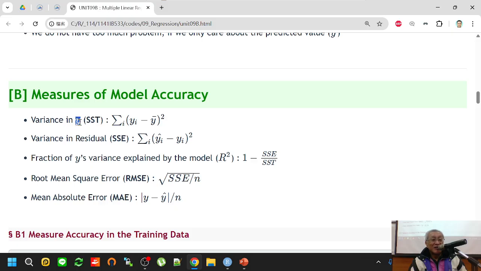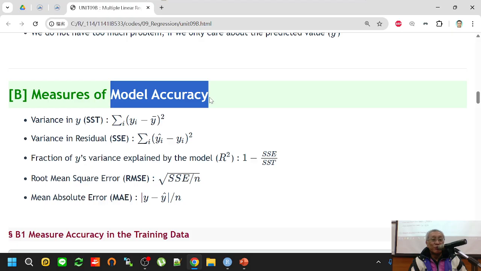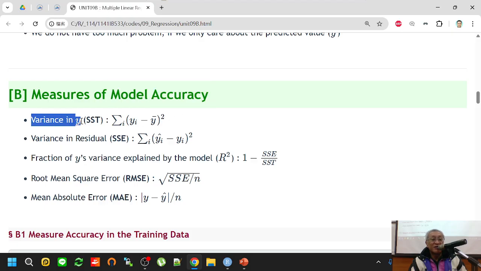To calculate model accuracy, first of all we want to evaluate the variance of Y itself, and it's called the sum of square total. As you can see in this equation, this is Y and this is the average of Y.